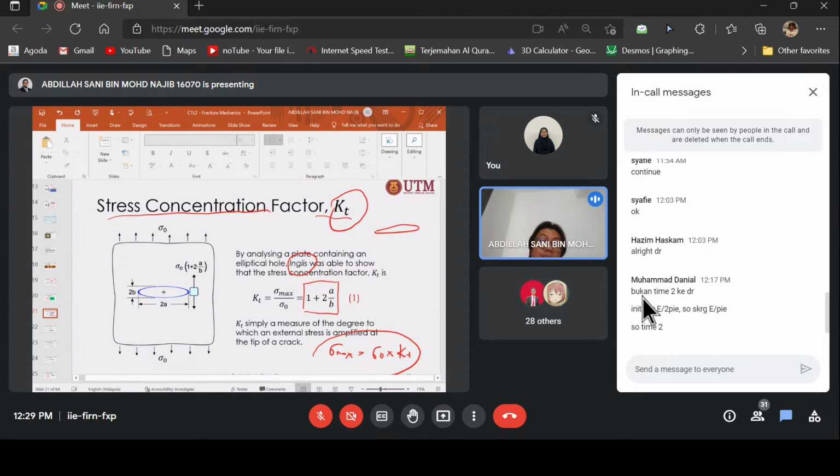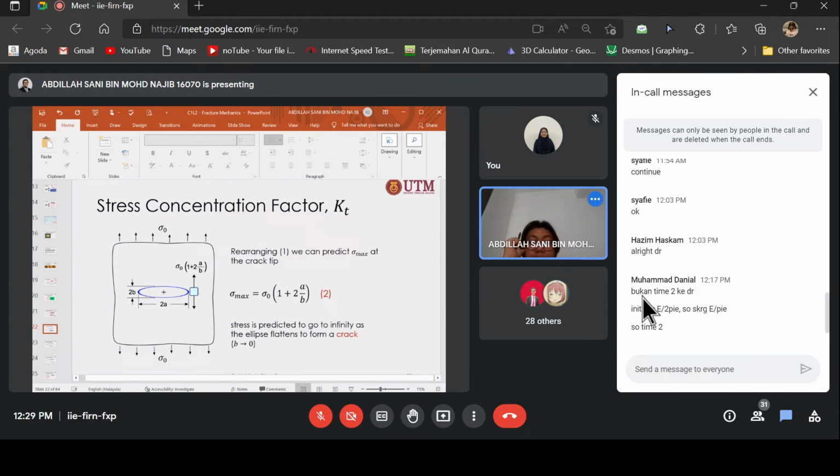Rearranging one, we can predict sigma max at the crack tip. Sigma max equals this expression. Stress is predicted to go to infinity as the ellipse flattens to form a crack.